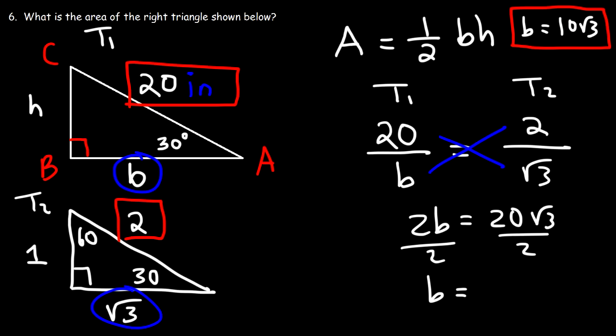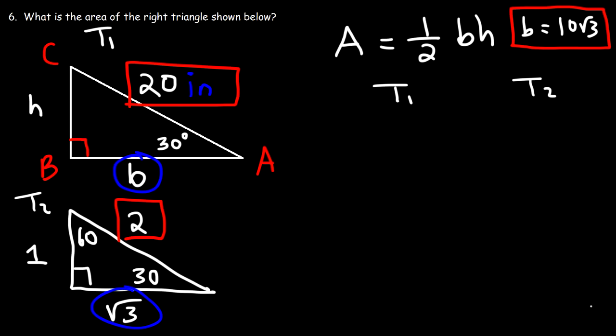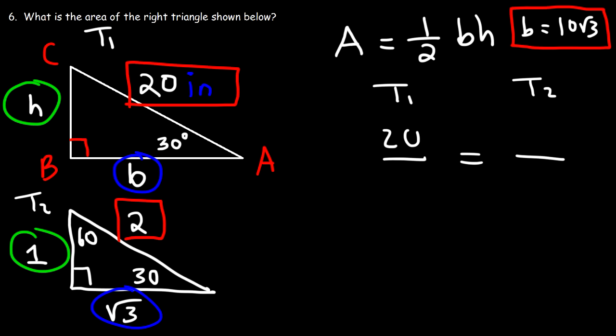Now let's follow the same process to calculate the other missing variable, in this case h. So h corresponds to 1. I'm going to write the hypotenuse of triangle 1, which is 20, and that corresponds to the hypotenuse of triangle 2, which is 2.